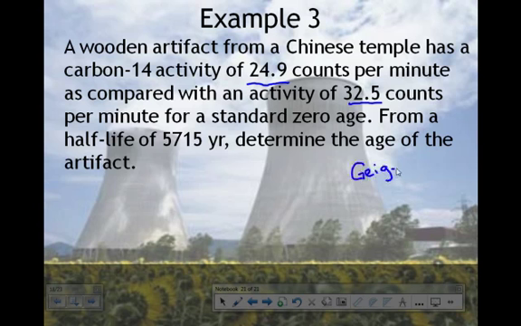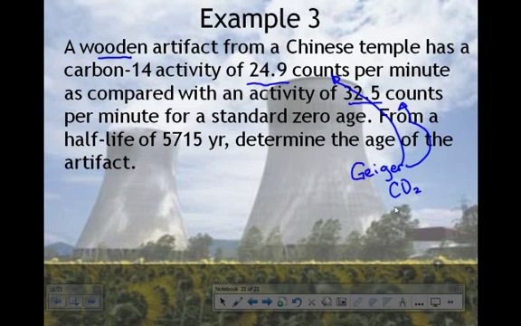So if this is describing activity, radioactivity, then counts per minute at 0 is comparable to the counts per minute now, because when the item that was made from wood was a tree, it was taking in carbon dioxide and incorporating it into its body structure.